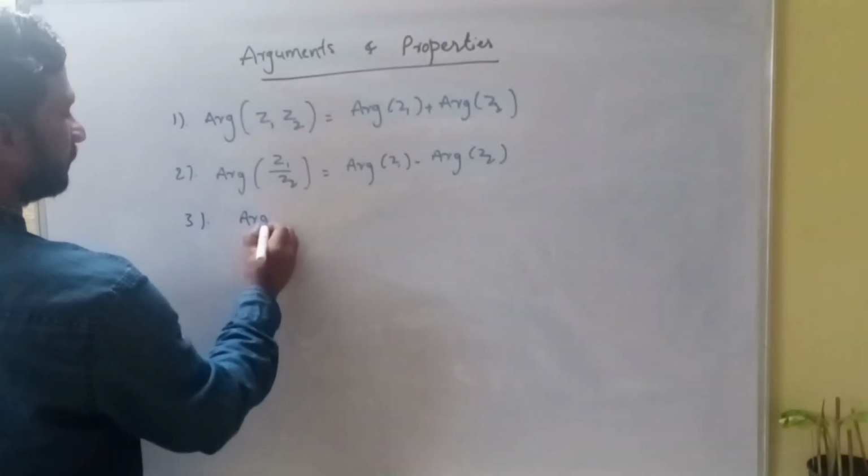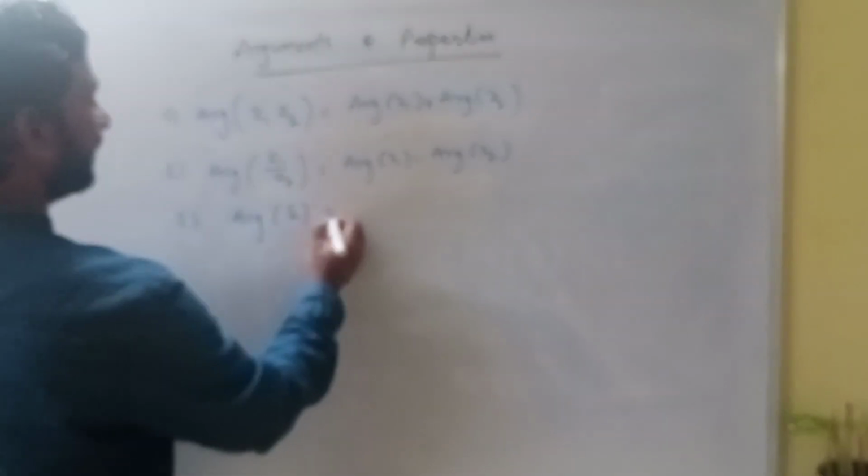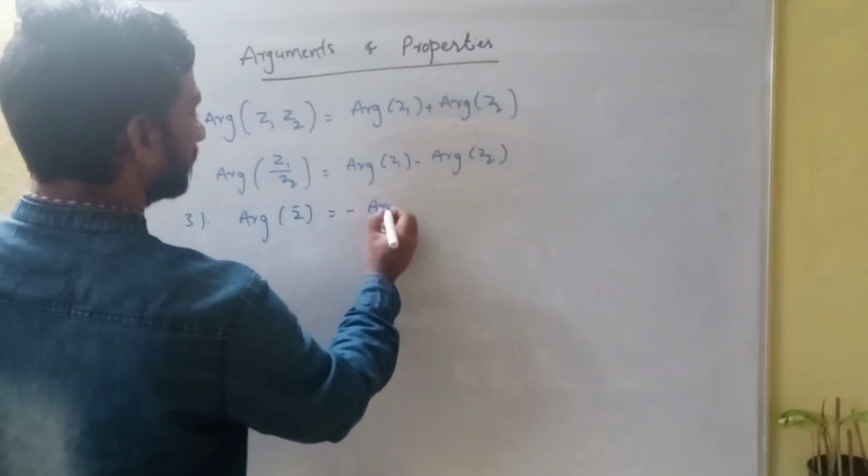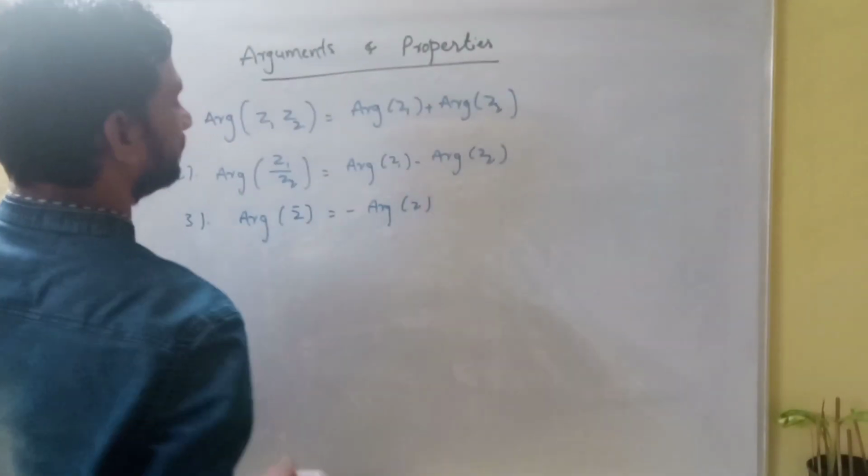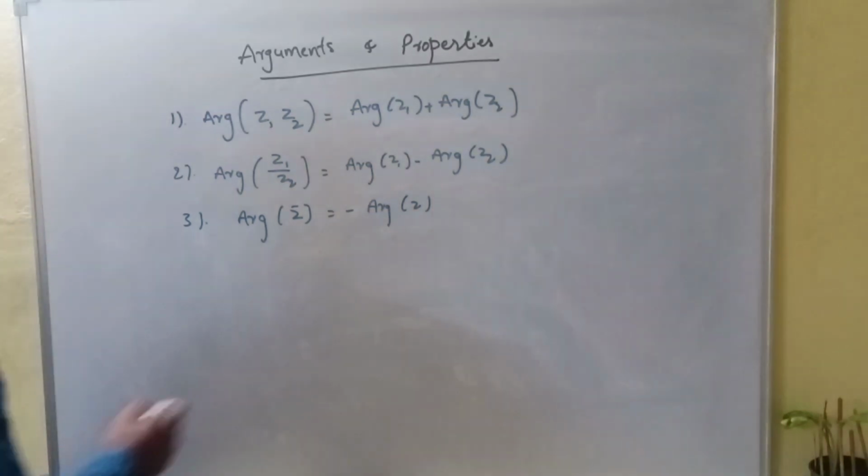Argument of z bar is equal to minus of argument of z. How can we derive this?